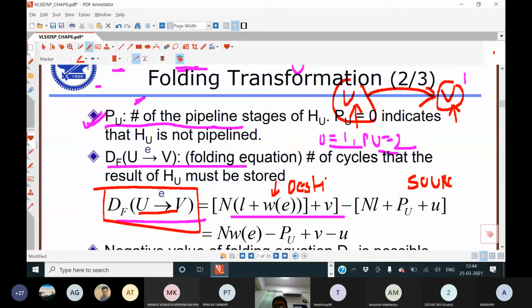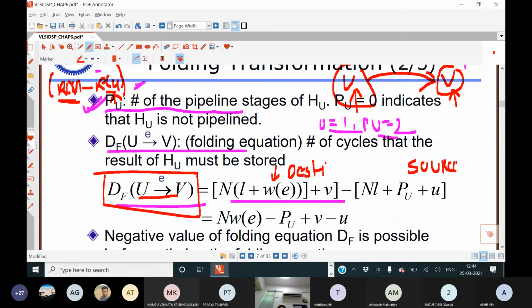If you remember retiming, in retiming we also apply R of V minus R of U. So we first think about the destination node, then the source node, and we subtract. Ultimately the source node is subtracted from the destination node, and that way we consider the overall time.